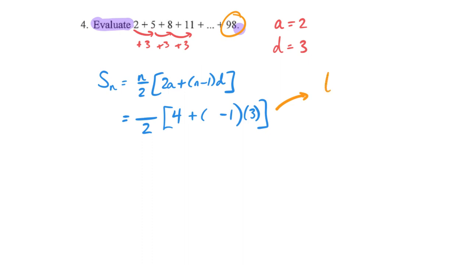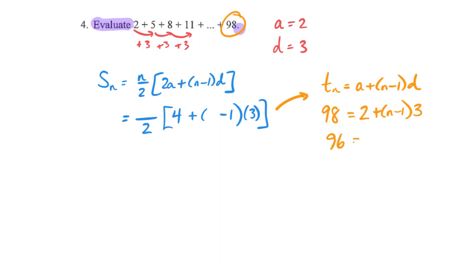Okay, well, I do know the general term for an arithmetic sequence. And so I can now find out what term number is 98 of an arithmetic sequence with an a value of 2 and a d value of 3. So I can solve that equation and figure out what n is.